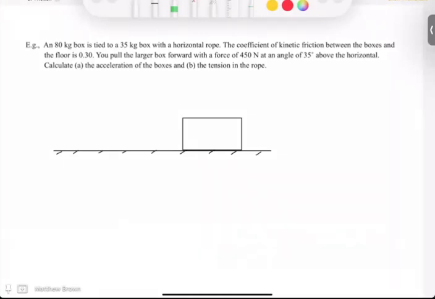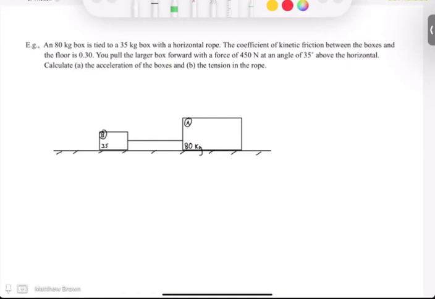I'll just say this is box A. And behind it is box B, which is 35 kilograms. And these two are tied by a rope.